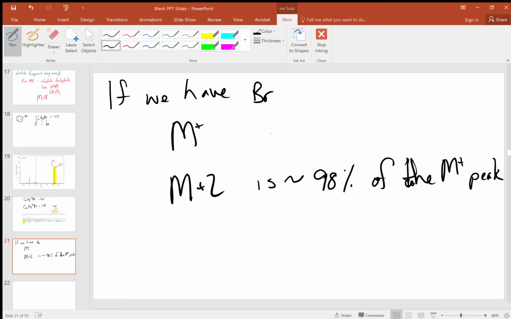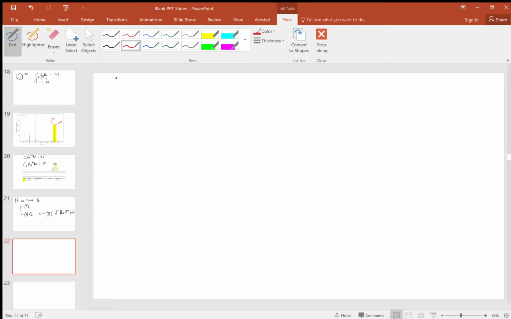So again, we can see bromine by finding these two peaks and seeing that they're at a 98% ratio. Now, if the ratio is closer to about 1/3, then that's usually a strong indication that we have a chlorine.